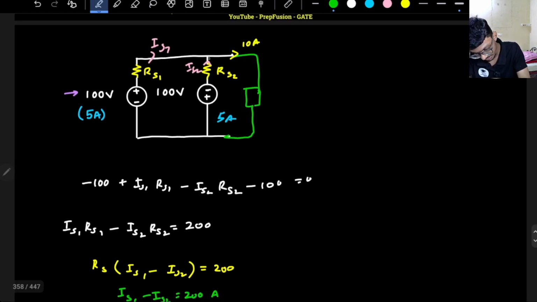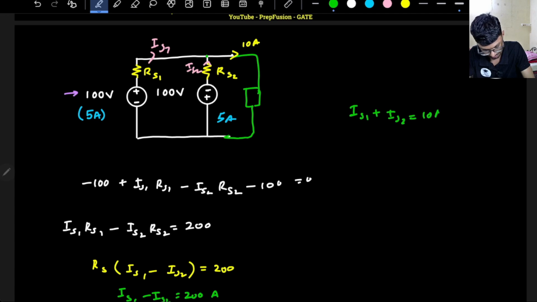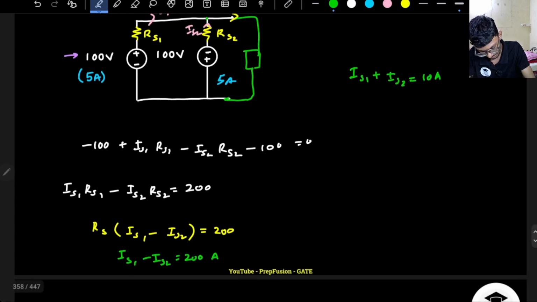And also if I apply KCL at this node, the load will consume 10 amperes only, right? So IS1 plus IS2 equals 10 amperes. From here I can directly say that IS1 will be equal to 105 amperes. Sorry, hold on a second.